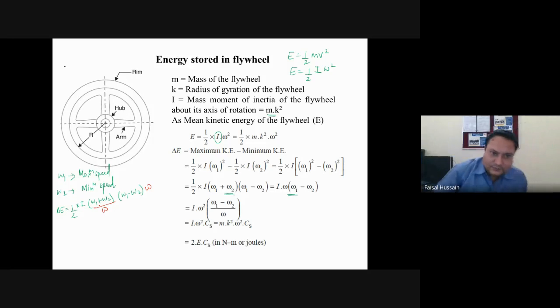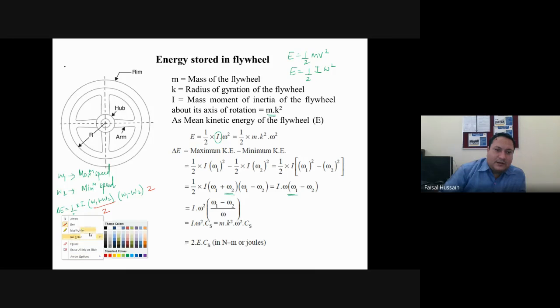Or even before that, I bring in a 2 term, 2 and 2, like this. So now the expression will be delta E, 2 and 2 get cancelled.